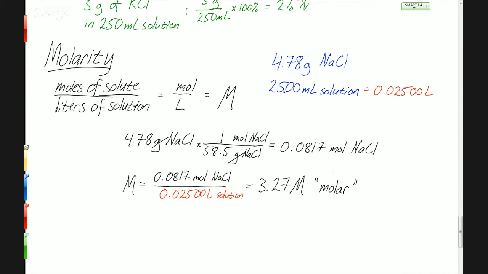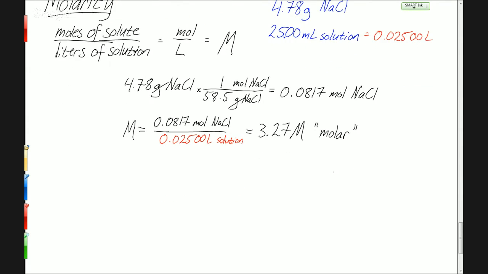So we would say this solution is 3.27 molar sodium chloride solution in water. And other ways that we can write that using those units is understanding that molar is moles per liter. So we could say 3.27 moles per liter, same thing, or 3.27 moles per 1 liter. Those are all ways of saying the same thing.